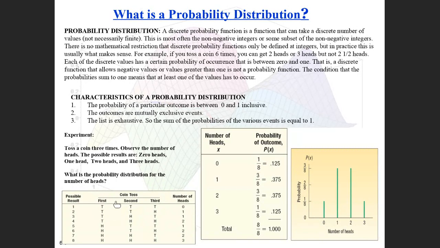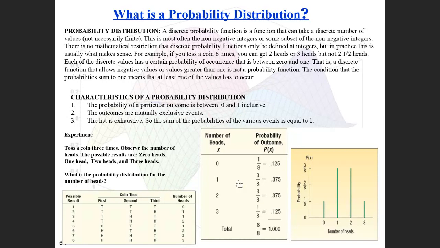We're going to read more and more tables, and it's important because it actually makes things easier when you understand what the tables are. In the second one, you have tails, tails, head. So the number of heads is 1. We get down to the 8th possible result, where it's 3 heads. So the number of heads is 3.